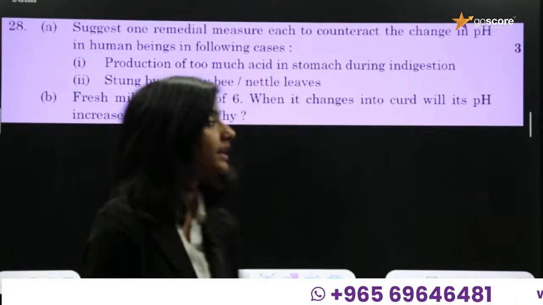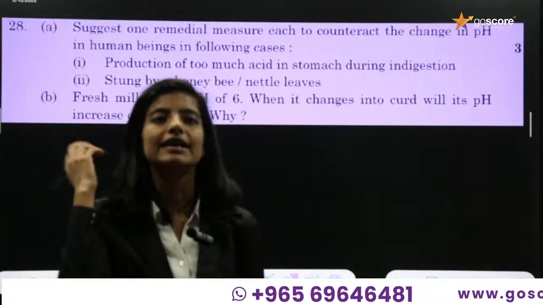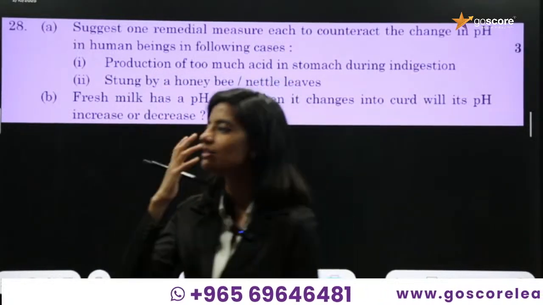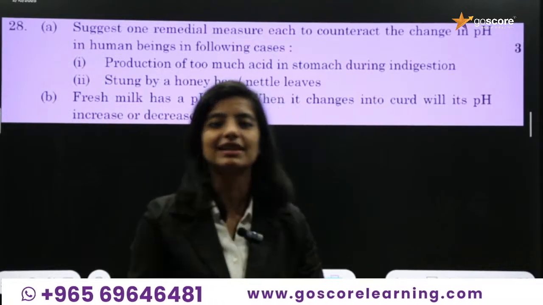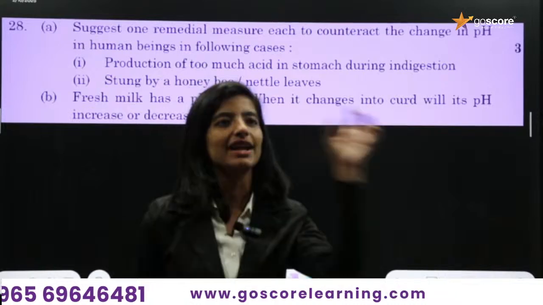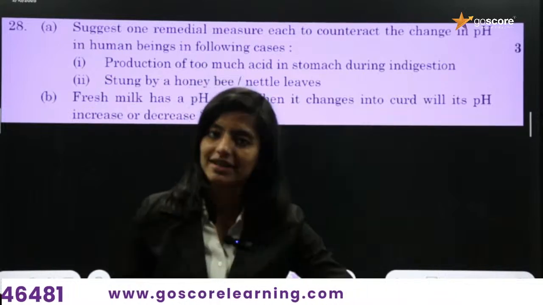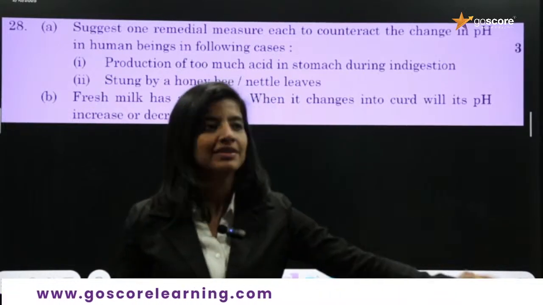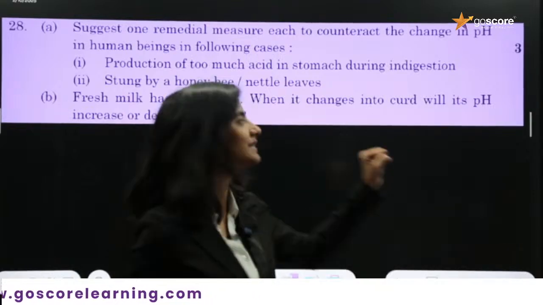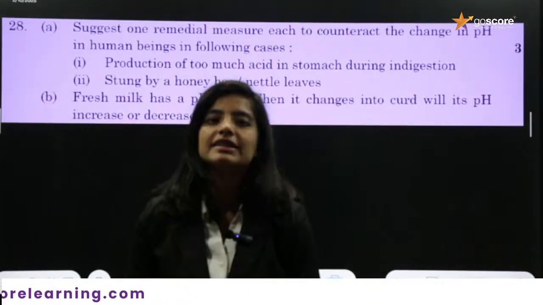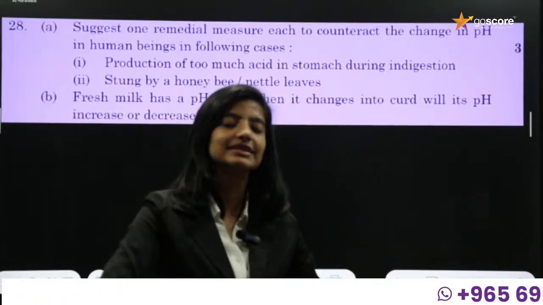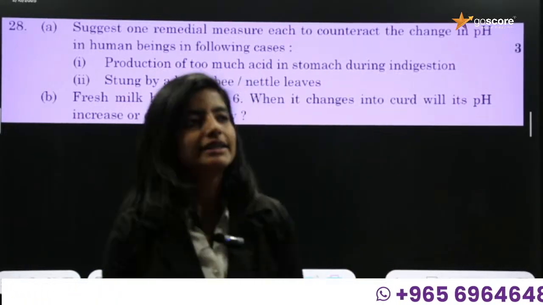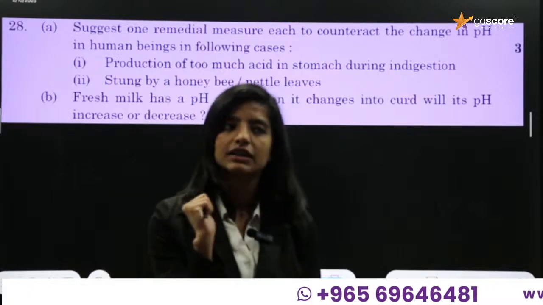And in the case of the nettle leaf, this is really cool. Just beside the nettle leaf, you can find another plant called dock plant, D-O-C-K. If you are stung by a nettle leaf, just take that dock plant and rub it over there. You can get relief from it. But if you're confused about the plants, don't do that.